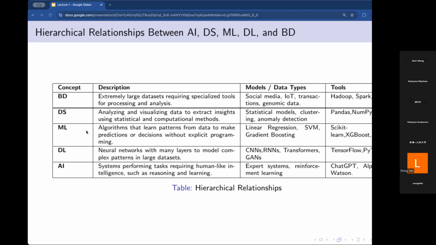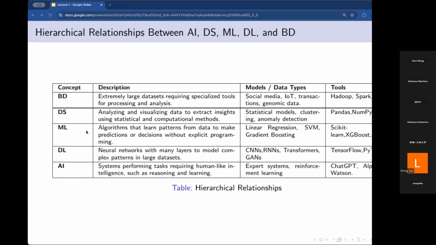Unlike traditional ML methods, deep learning methods like convolutional neural networks or transformers are capable of uncovering more abstract relationships. DL requires significant computing power and utilizes frameworks such as TensorFlow and PyTorch. Artificial intelligence is a comprehensive concept that encompasses all the above.